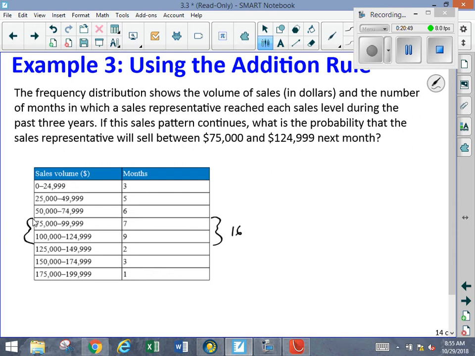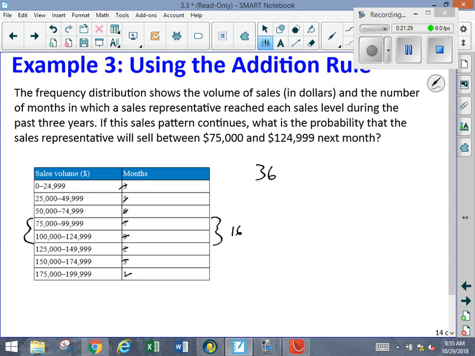So we're going to have to add it up. What's our total possible outcomes? Out of all of these months, 16 of them he actually did hit that goal. So we have to total this up. I'm going to count 10, 15, 20, sorry, 25, and then 36.